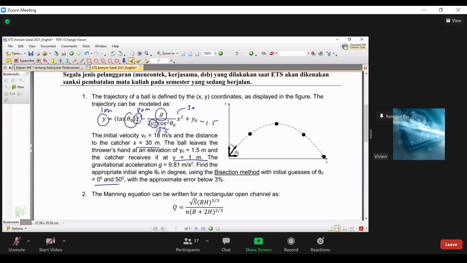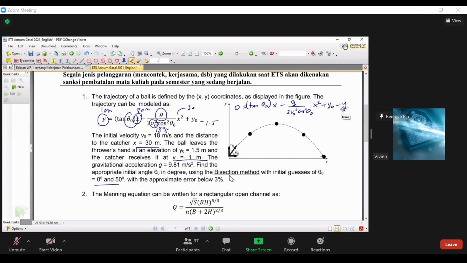So what we can do is rearrange the equation so that it becomes the problem of finding the roots of an equation. That means we have to make one side 0. So we move everything to the right side, so that 0 equals tangent theta 0 times x, minus g divided by 2 v0 squared cos squared theta 0 times x squared, plus y0, and y is moved to the right-hand side so that we have minus y.